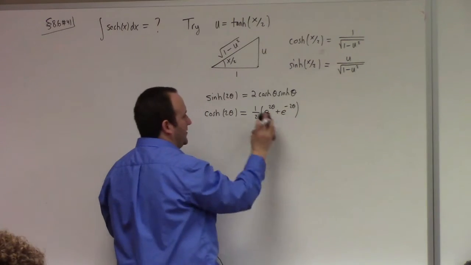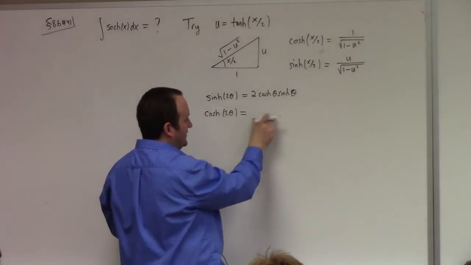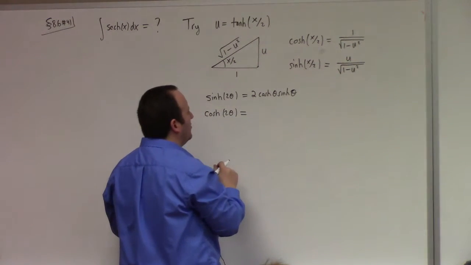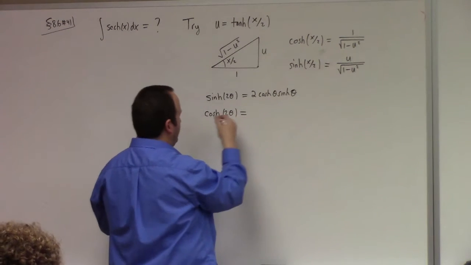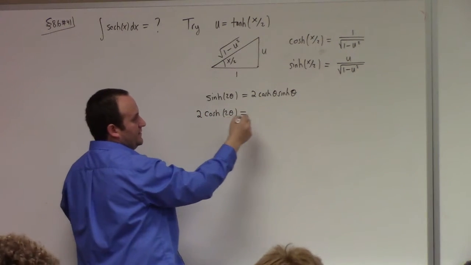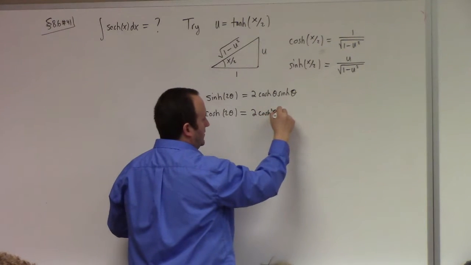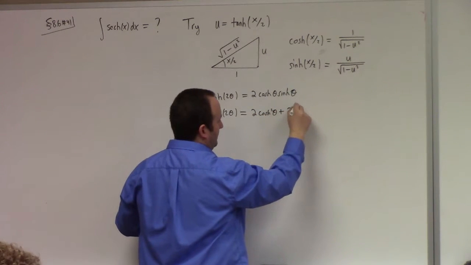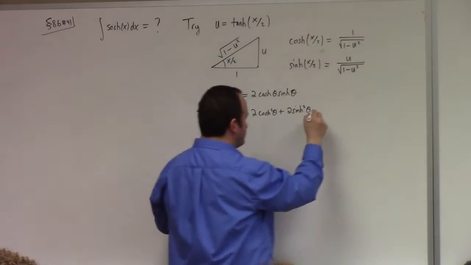There's an adding 0 thing that has to happen there. It's not terribly natural. Oh, wait a minute, I'm working too hard. Differentiate, right? If I differentiate this, I get 2 cosh 2 theta equals 2 cosh squared theta plus 2 sinh squared theta, which is what?